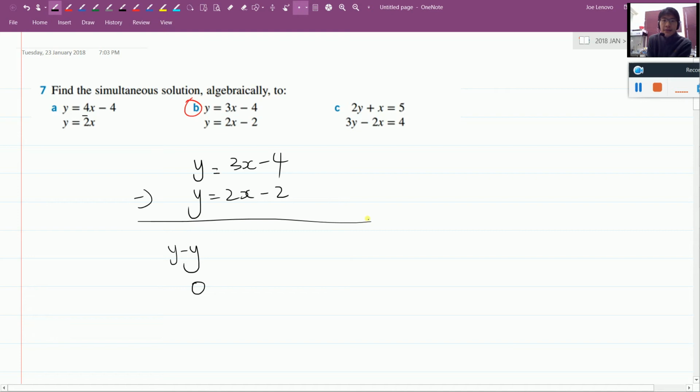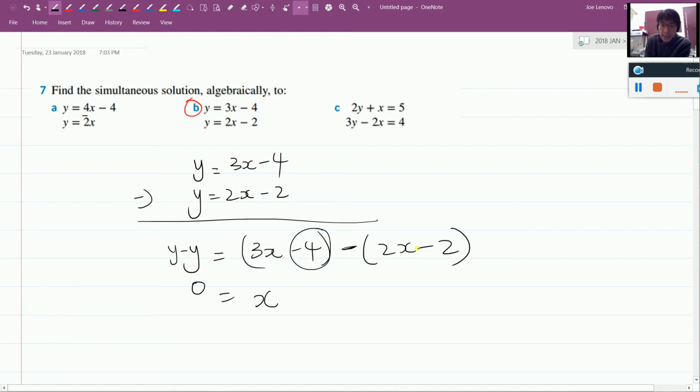And then the right hand side minus right hand side, 3x minus 4 takes away 2x minus 2. 3x minus 2x is 1x, and negative 4 minus negative 2 means negative 4 plus 2.